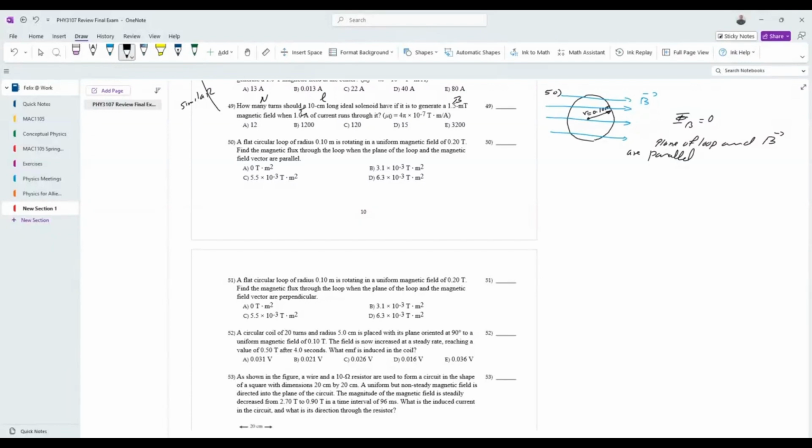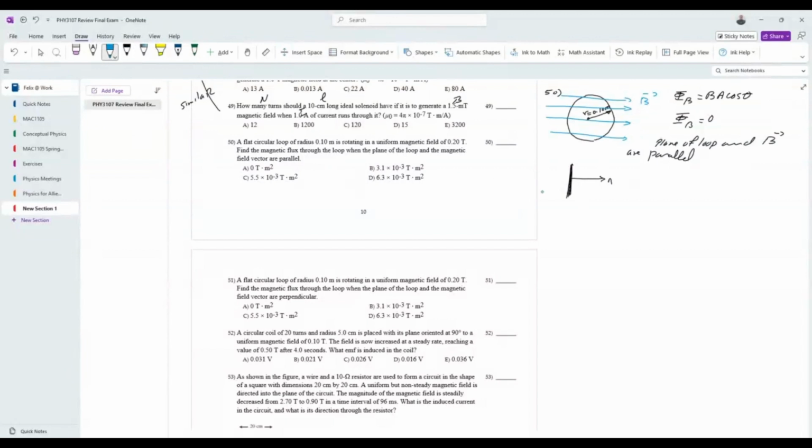Also, think about this. You know the angle theta to calculate magnetic flux, and the equation for magnetic flux is BA cosine theta.